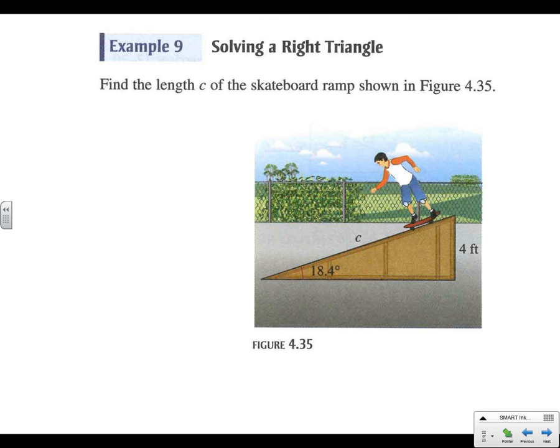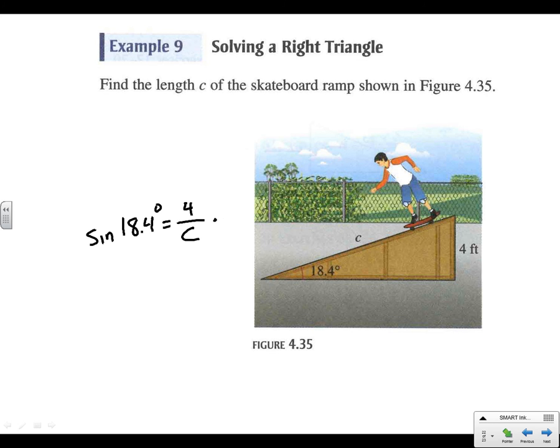Last one, example 9. Find the length C of the skateboard ramp. And so we've got opposite over hypotenuse. The sine of 18.4 degrees is opposite over hypotenuse. Let's plug this in. And we're going to move this around.